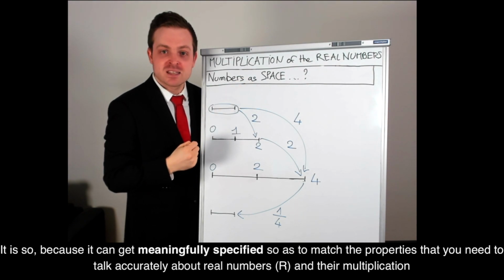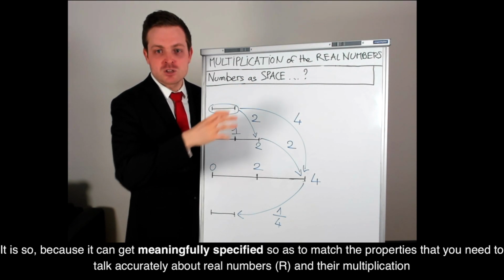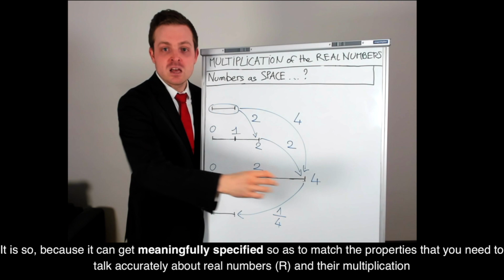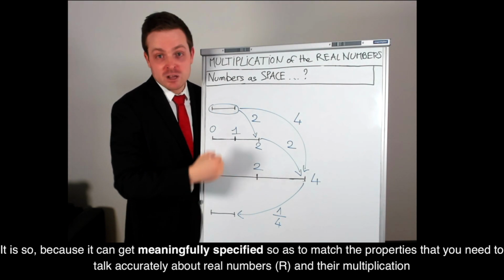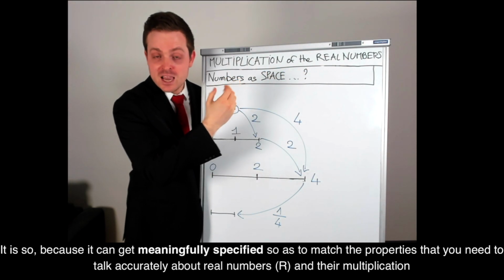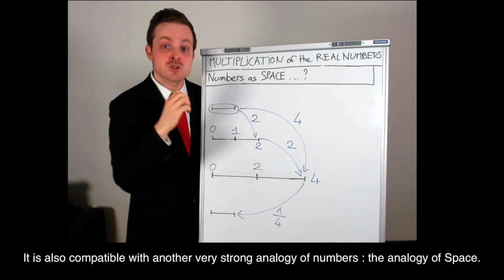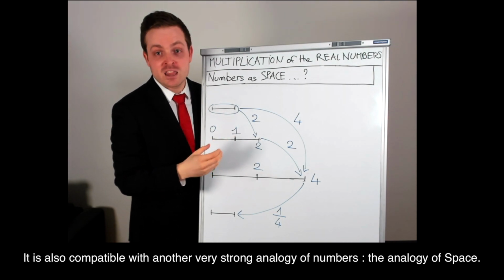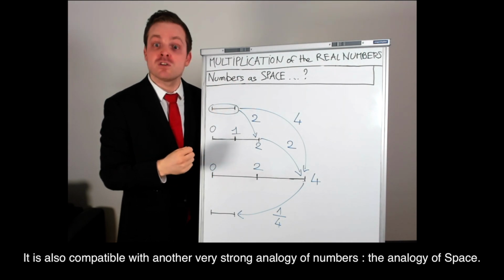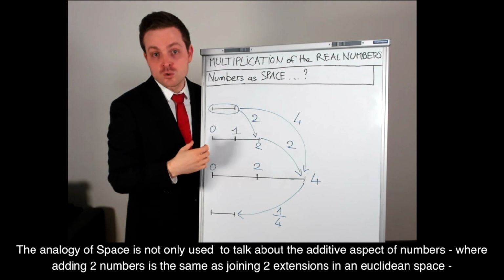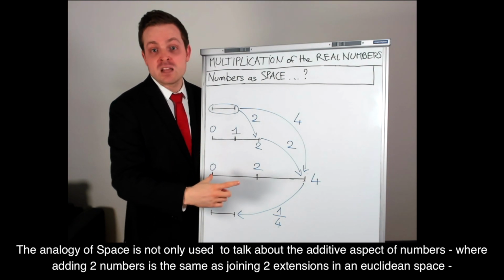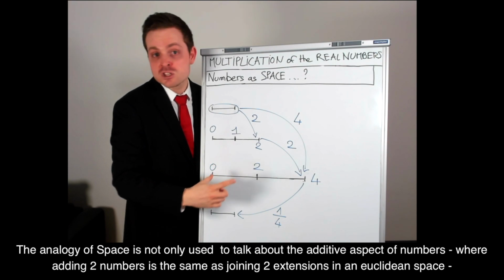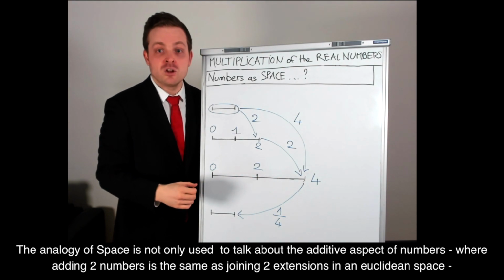It is so because it can get meaningfully specified so as to match the properties that you need to talk accurately about the real numbers and about the multiplication. It is also compatible with another very strong analogy of numbers, which is the analogy of space. The analogy of space is not only used to talk about the additive aspect of numbers, where adding two numbers is the same as joining two extensions in a Euclidean space.